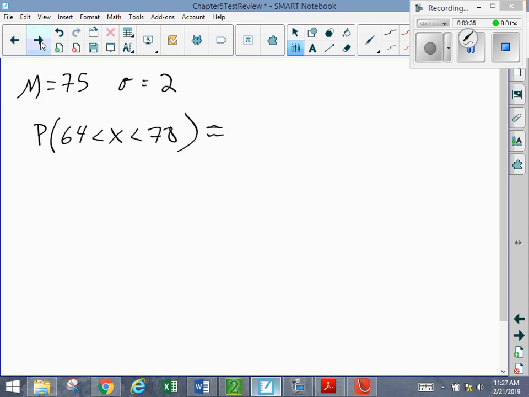Okay, so the other situation that you'll run across on this test is you'll be told, hey, you have a normal distribution. The mean is 75. The standard deviation is 2. Calculate the probability that x is between 64 and 78, or something like that. Same type of situation, except now in this picture, your mean is no longer 0.